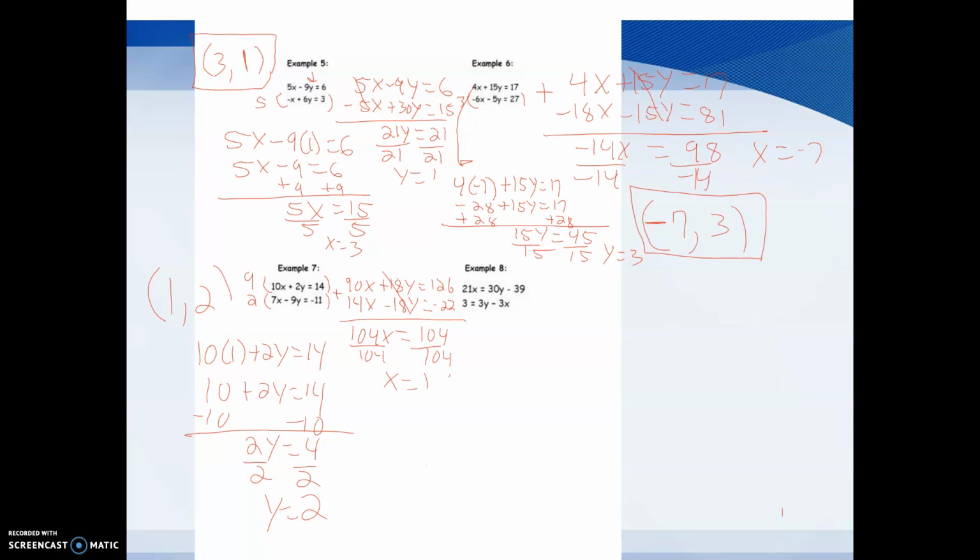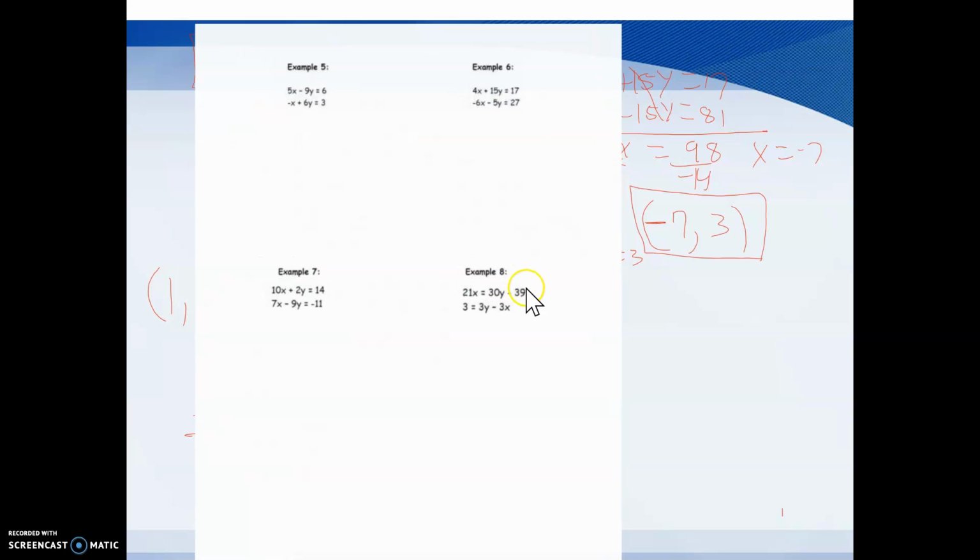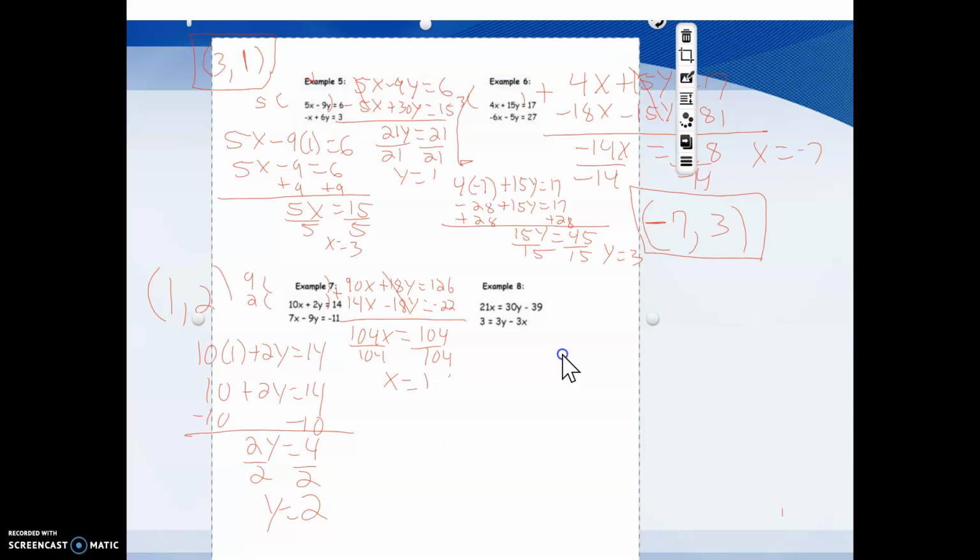So what I'm going to do is I am going to take 21x and negative 39, and I'm just going to switch them around, okay? So I'm going to take that and switch them around. See what it looks like.